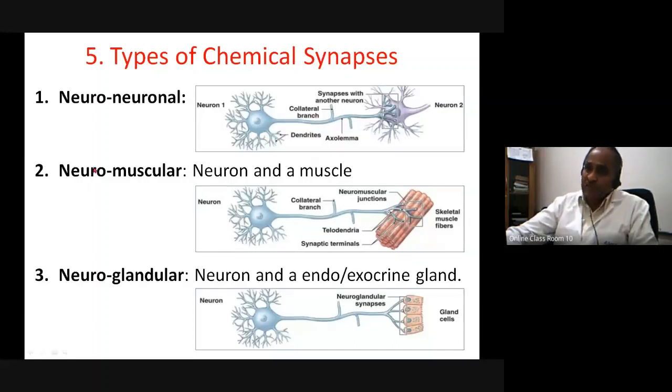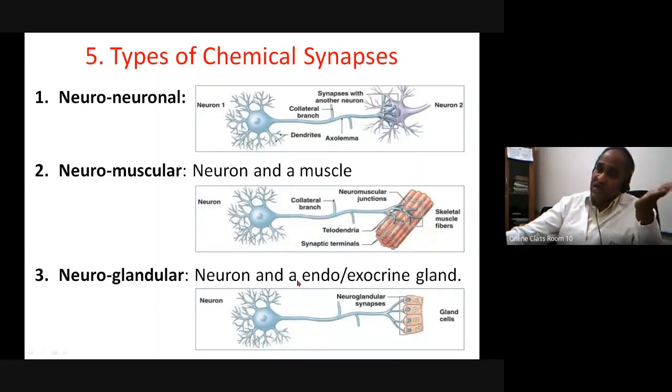You are already familiar with a neuron and a muscle contact, neuromuscular. That neuromuscular junction you have studied. So that means from one alpha motor neuron to the skeletal muscle here. So this is one neuromuscular junction. Neuroglandular, for example, to the salivary gland, whatever the autonomic inputs, the parasympathetic nerves, they supply the salivary glands.